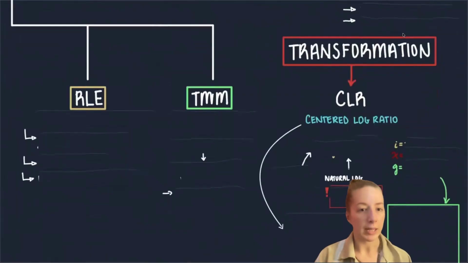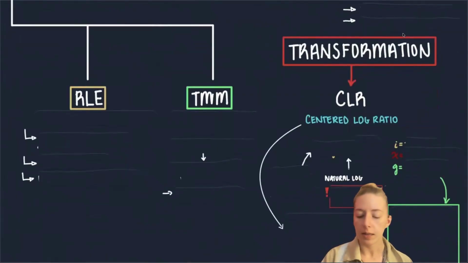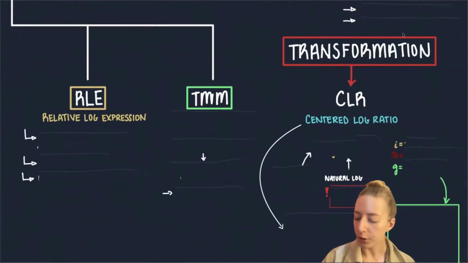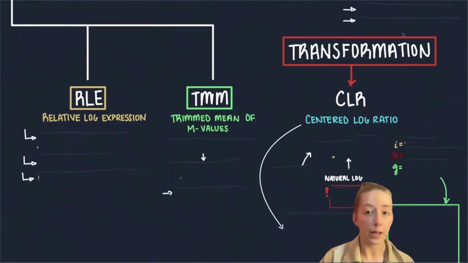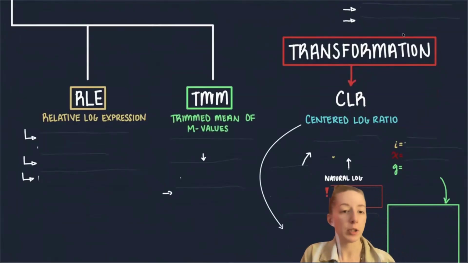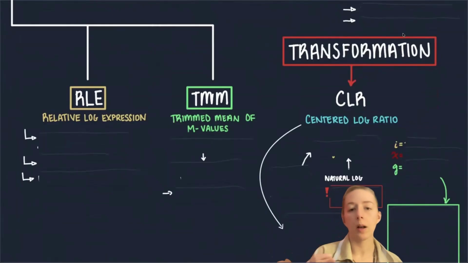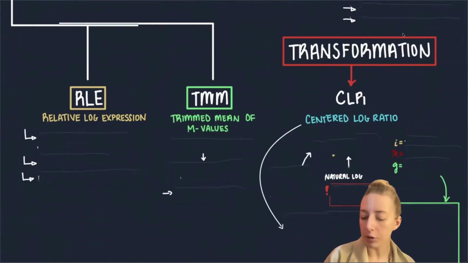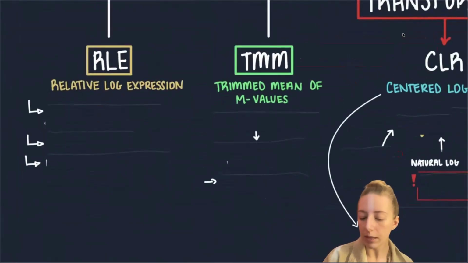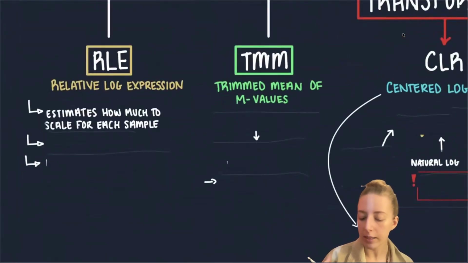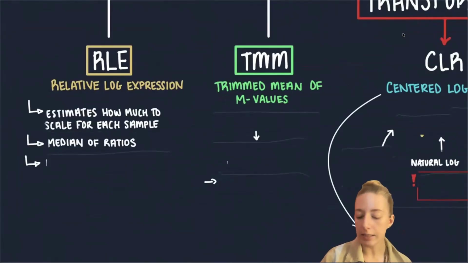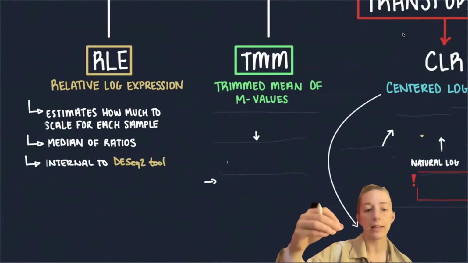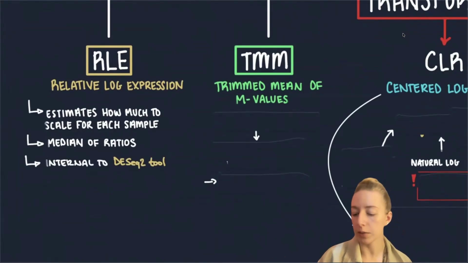Some more ways we can normalize are the relative log expression, the trimmed mean of M values, as well as CLR transformation. Each of these is actually built into bioinformatic tools, but just to go through them: the relative log expression estimates how much to scale for each sample through a median of ratios, and it is applied in the DESeq2 tool, a very widely used tool.